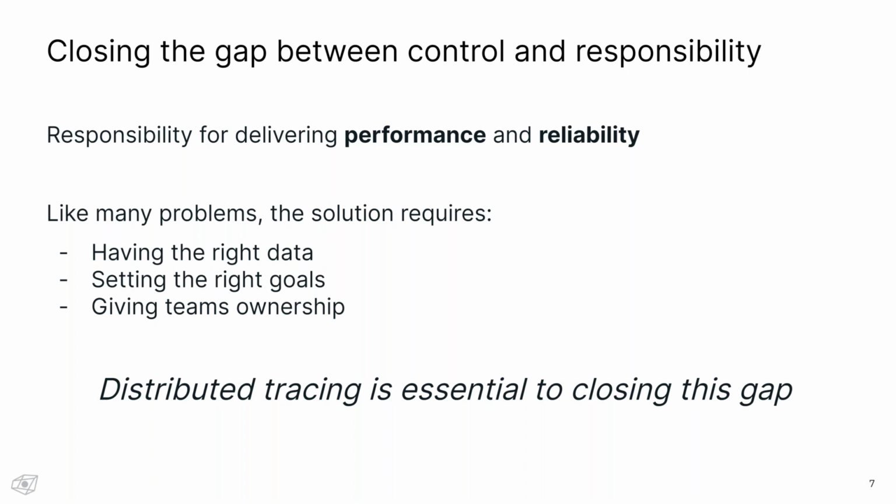The thing they were trying to fix was that teams didn't have the data they needed to understand the problems they were having. Because there was a lack of data, they couldn't set the appropriate goals for addressing these performance issues. And because they didn't have either of those, they couldn't let teams have specific ownership. I think this is why, if you look around, you'll see a lot of individual heroics, even today at large companies, where performance and reliability is passed off to tiger teams or individual SREs.